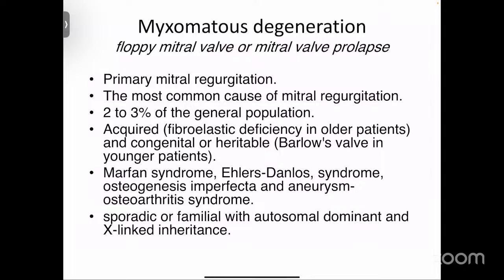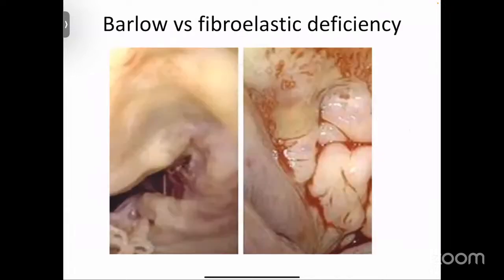Other causes include Marfan syndrome, Ehlers-Danlos syndrome, osteogenesis imperfecta, and aneurysm-osteoarthritis syndrome. Mitral valve prolapse appears to be a result of different or multiple genetic pathways, and it can be sporadic or familial with autosomal dominant or X-linked inheritance.